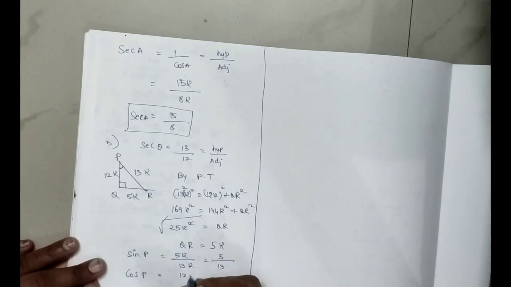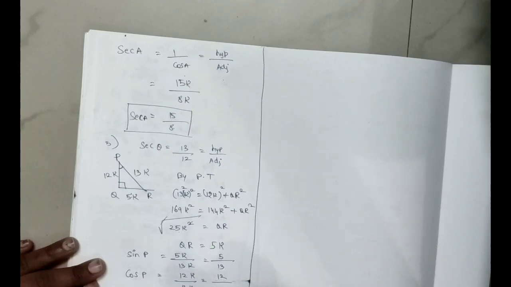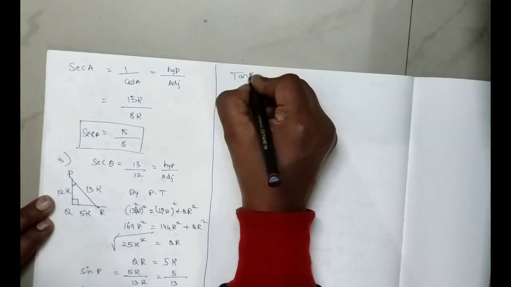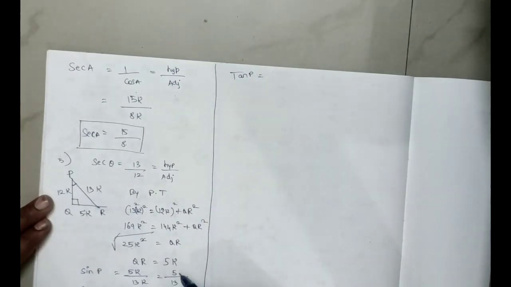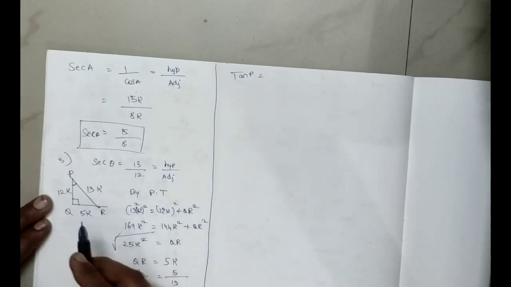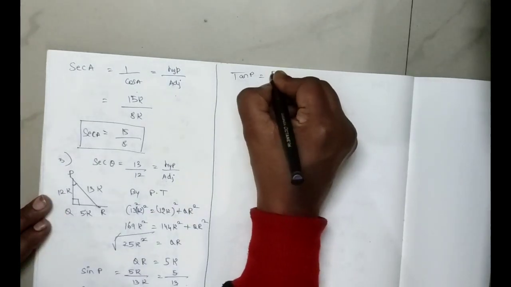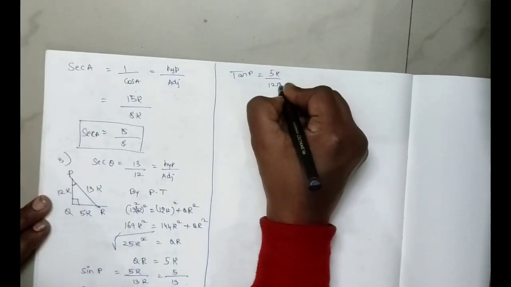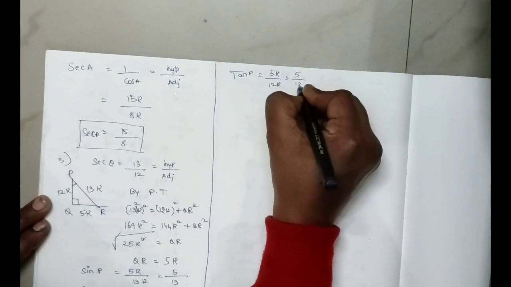Cos P is nothing but adjacent, 12K divided by 13K, which is 12 by 13. And tan, we know that it is sine by cos. So 5 by 13, the whole divided by 12 by 13. When this comes to the numerator, 5 by 13 into 13 by 12, which is going to be opposite by adjacent, 5K by 12K, nothing but 5 by 12.